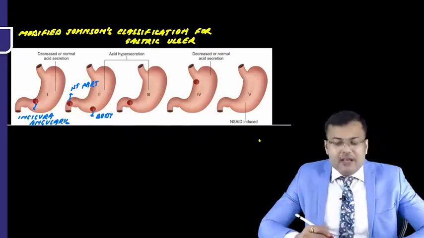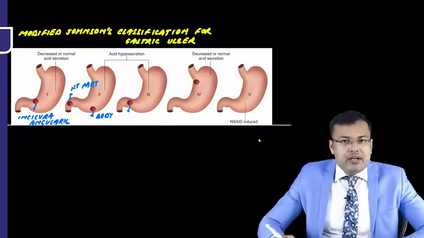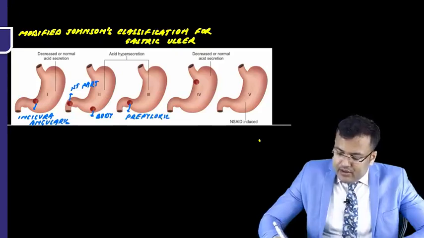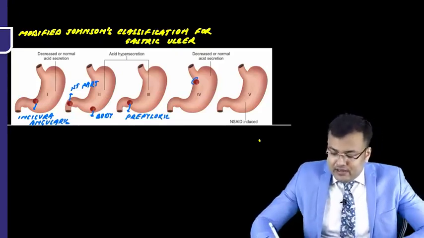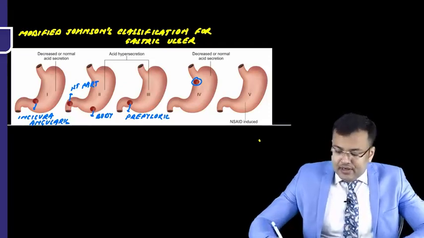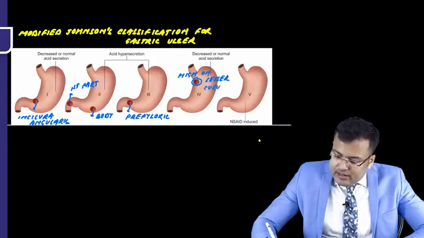In type 3, the ulcer is pre-pyloric, just before the pylorus. In type 4, you can see the ulcer is located where? High on lesser curvature.